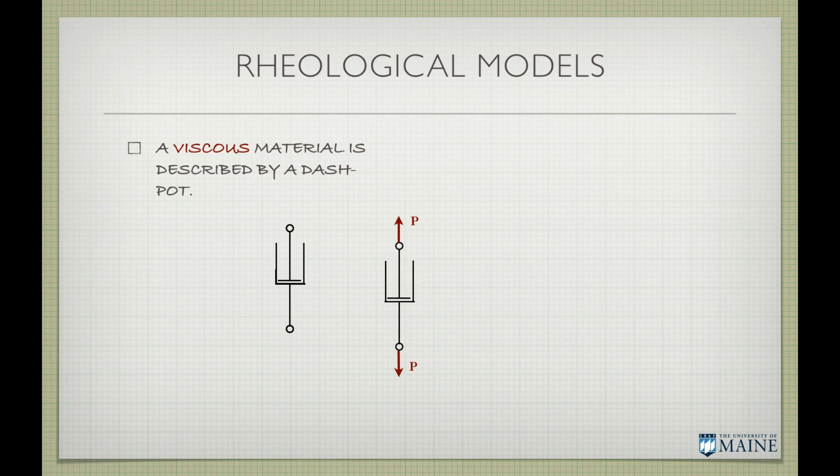When we apply a load, I'm showing things in tension, but you could have the same kind of thing in compression. What will happen is that it will pull apart, but it's not going to happen at once. It's going to happen slowly.